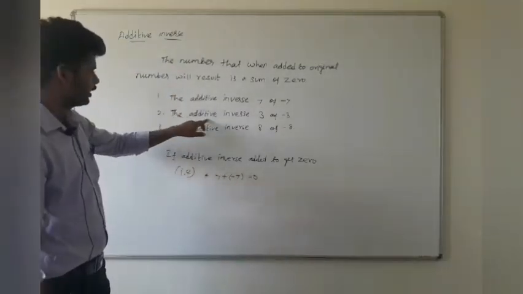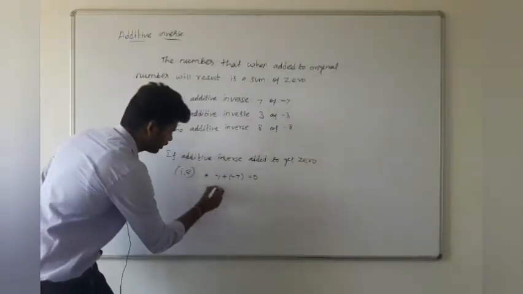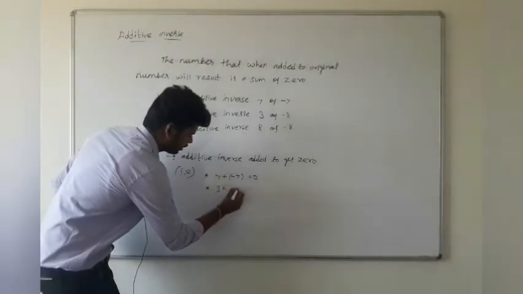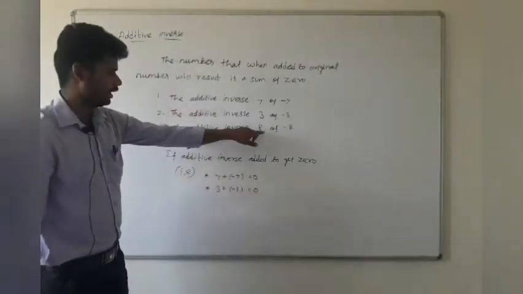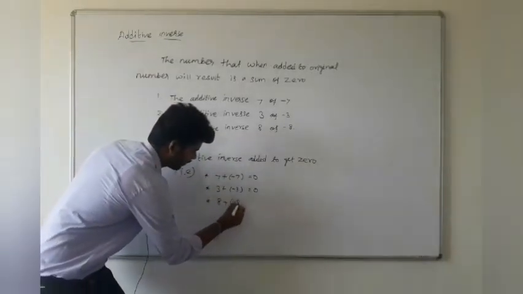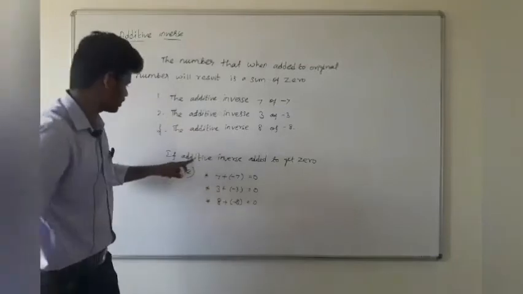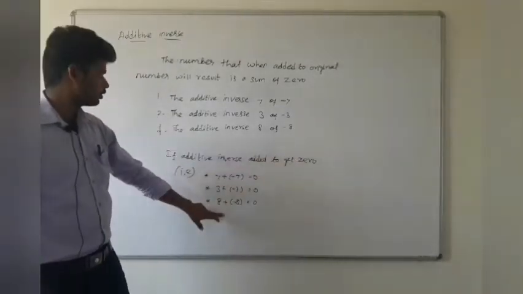Next one, the additive inverse of 3 is minus 3. 3 plus minus 3 equals 0. The additive inverse of 8 is minus 8, equal to 0. That is, if the additive inverse is added, we get 0.